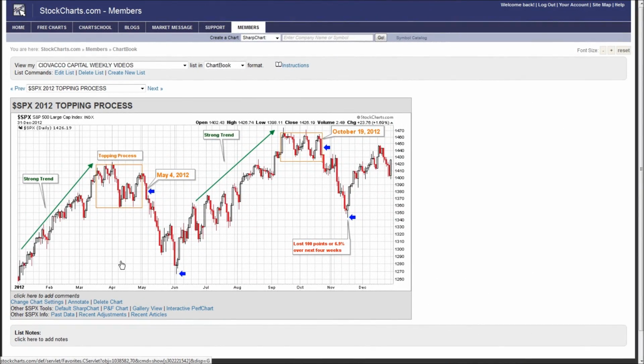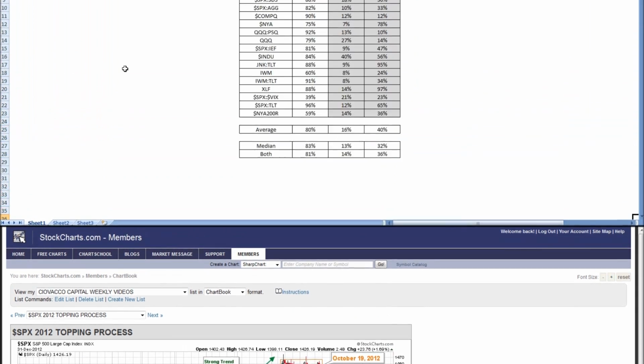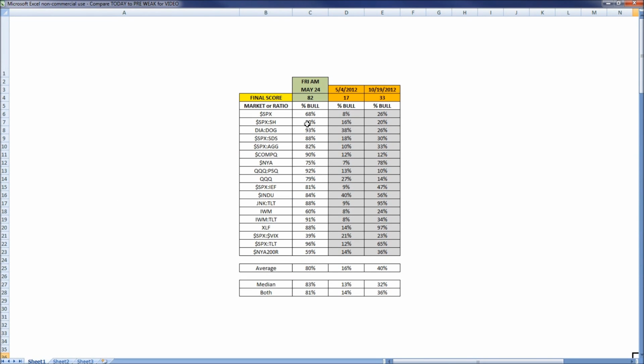Just to reiterate, now we're comparing the close on Friday to May 4th, 2012, before significant declines, and October 19th, 2012, before declines accelerated. As we noted earlier, the composite score, if you round it up, on Friday morning, May 24th, 2013, was 82 on a scale of 1 to 100. 100 would be the highest and the most bullish in terms of the responses and answers.